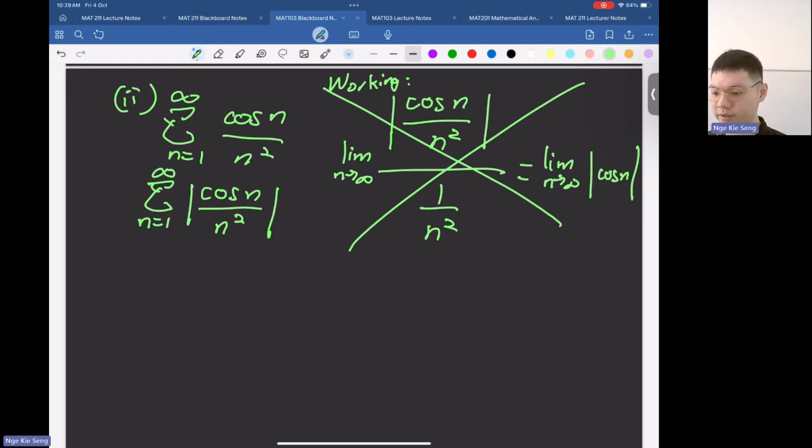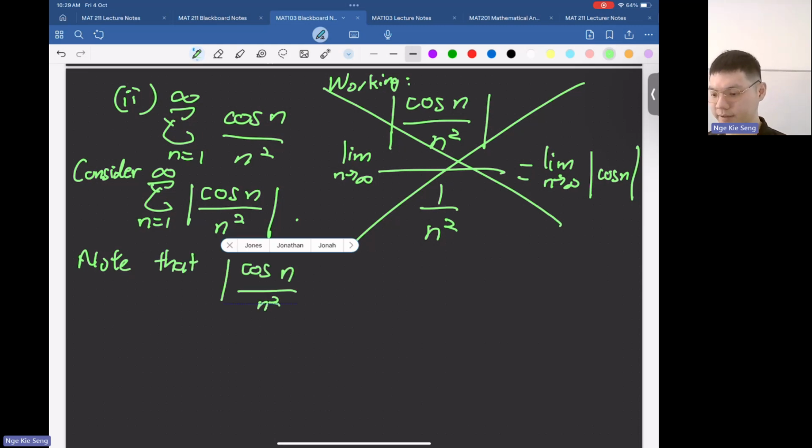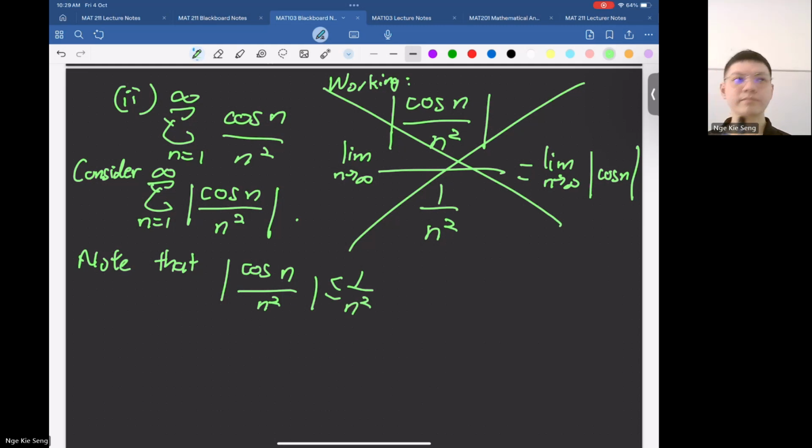So note that, consider this. Still, we will play around with 1 over n squared. We know An is greater than or equal to 0 and less than or equal to Bn.